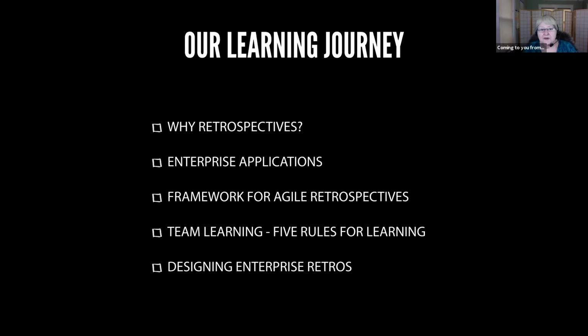So my agenda, our learning journey today: we'll start out and talk about why retrospectives, and then why in the enterprise. We'll go through the framework for Agile retrospectives. We'll look at some issues around team learning, because retrospectives are about learning. If you're not interested in learning, then there's no point in learning about retrospectives.